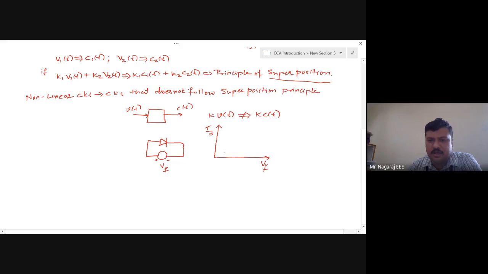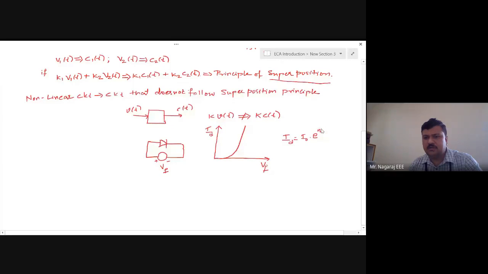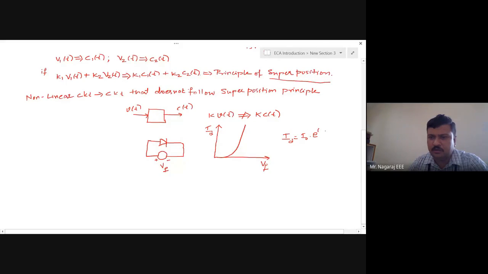Then the characteristic of the diode will be exponential, because if you see the fundamental equation for a diode, I_D is equal to I naught into e to the power eta V_t by some term, or very generally, e to the power some x, which can be anything depending upon the operating condition of the diode.